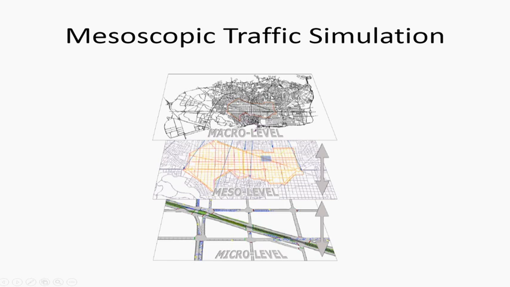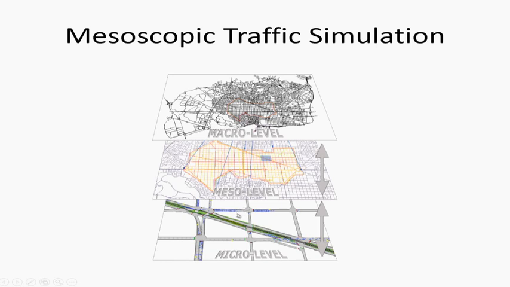So if you ask me what are the major differences between the 3 layers of traffic simulation package, if you go to the very top level, typically the temporal resolution is hour by hour. On this meso level, the temporal resolution is 6 seconds. As you know, 6 seconds per simulation interval, and then if you have 1 minute, you have about 10 simulation intervals.